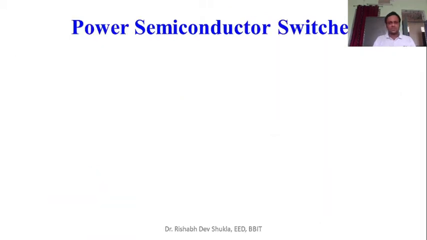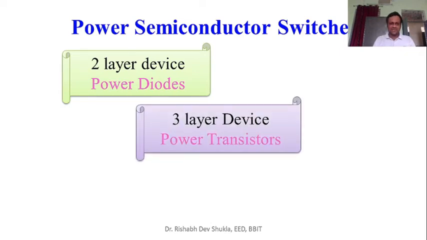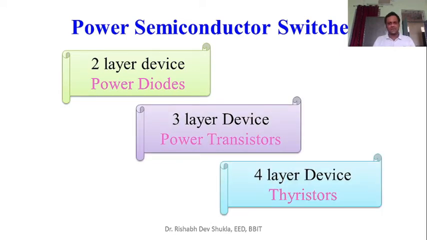Now we are going towards the constructional features and the classification of power semiconductor switches. If you consider the layers by which we construct a module or switch, we classify them as two-layer devices, three-layer devices, and four-layer devices.